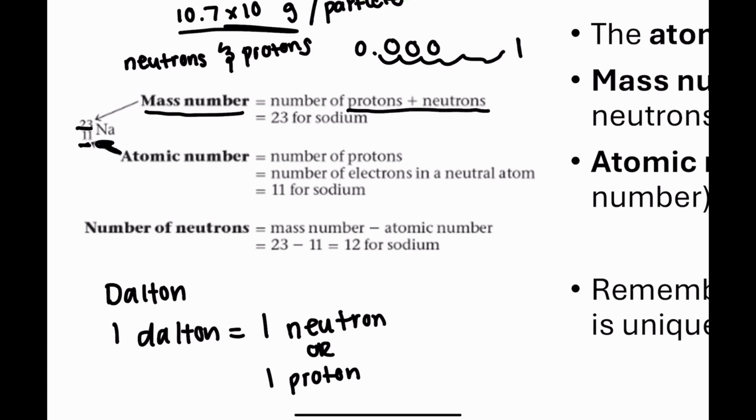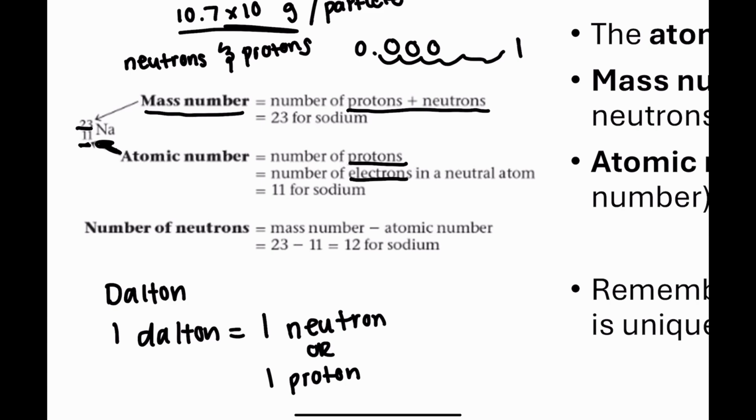It tells us the number of protons, and the number of electrons in a neutral atom. The number of protons in an atom is what defines what element it is. The number of protons will never change for sodium or any other element. If we have 11 protons, it is always going to be a sodium atom.